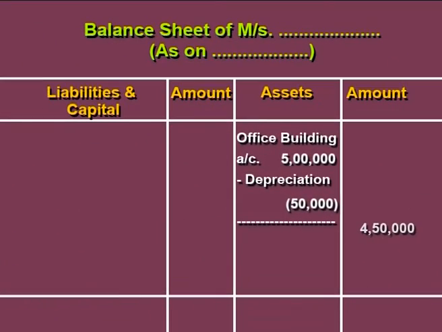As you go ahead with the balance sheet, what you can observe is that on the asset side, office building account rupees 5 lakh has been reported in the inner column, taken from the trial balance. Then the amount of depreciation, 50,000 rupees, has been deducted out of it, and the net amount of 4,50,000 has been shown in the outer amount column. I am sure you are clear with this adjustment on providing depreciation on fixed assets.